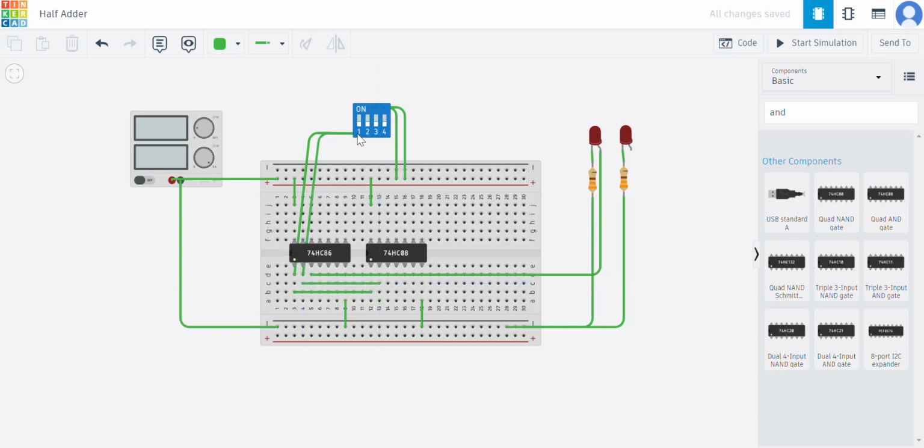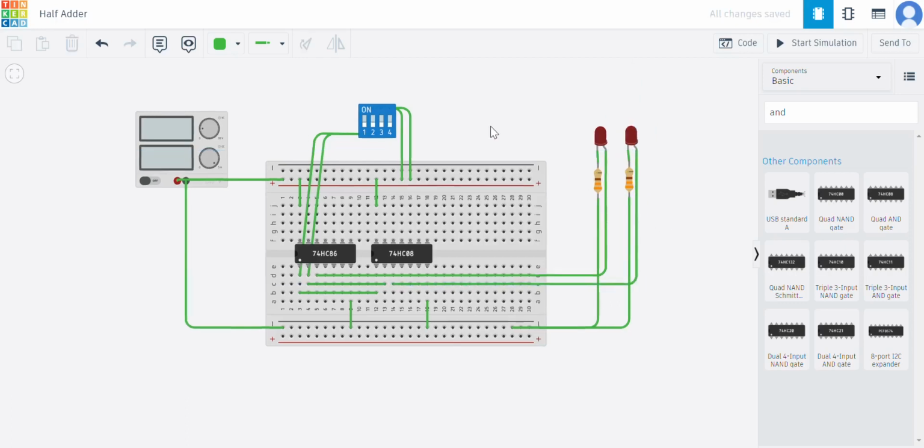We can also take the input from the first switch and the second switch, but we can also take it from here because all the points are the same. Now the output we get here is for the carry, and we connect it to the anode.